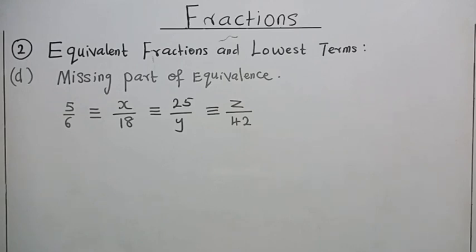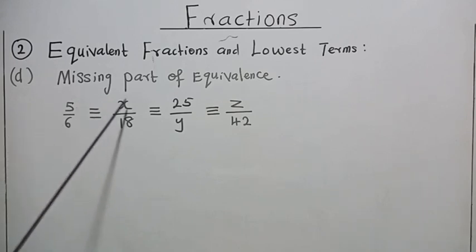Alright, now at this point, how do we get the value of this x? How do we get the value of this y? And how do we get the value of this z? We should not forget that equivalence, in a sense, is also equality. To do it, we break this multiple statement of equivalence into statements of simple equivalence.